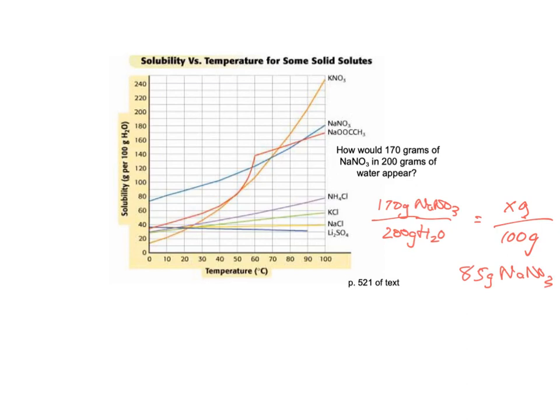So if we look at our table here, at about 85 grams, and again, we're looking at this blue line, it looks like at around maybe 15 degrees Celsius or lower, the solution would be saturated.